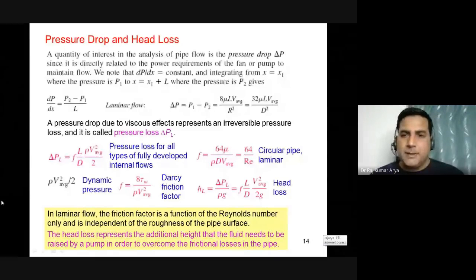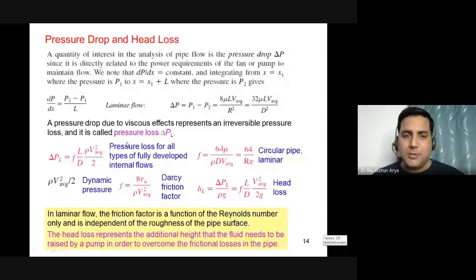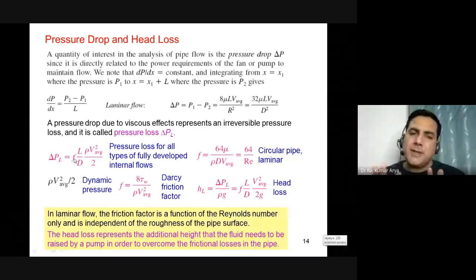So suppose, and this is the general correlation. Can anyone hear or not? Because I cannot get any response from the class. Yes, sir. Okay. So now this thing you can rewrite in this particular format. This is the general formula for any type of flow, be it laminar or be it turbulent.